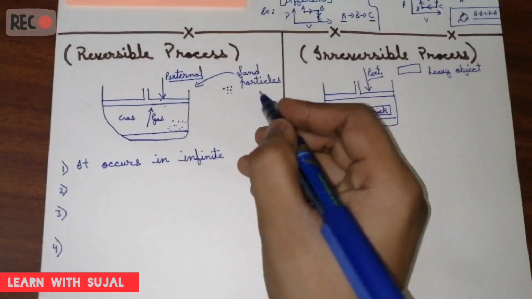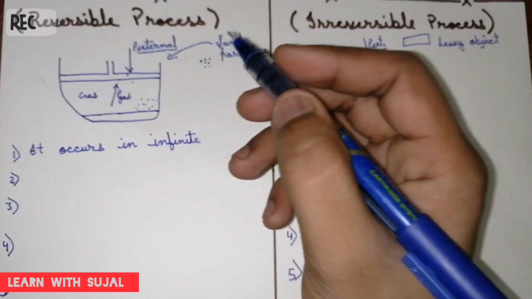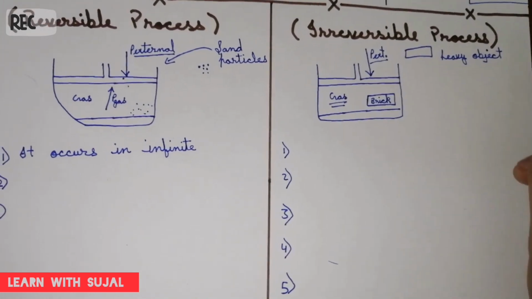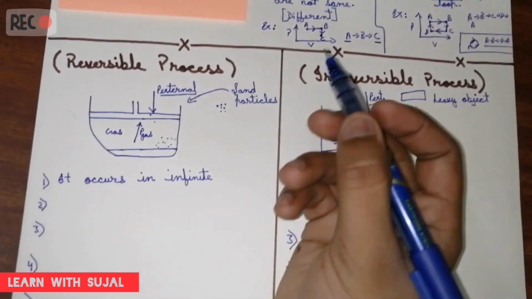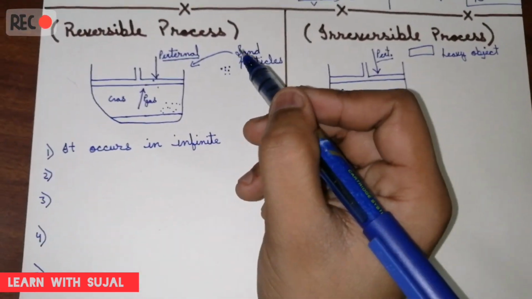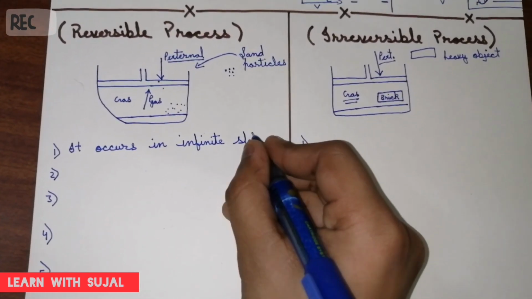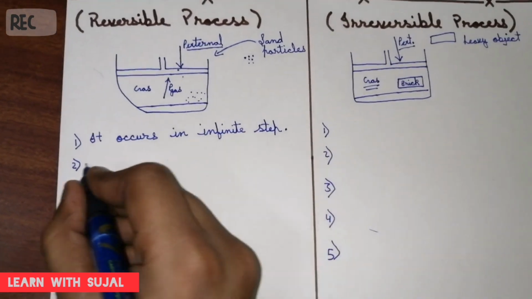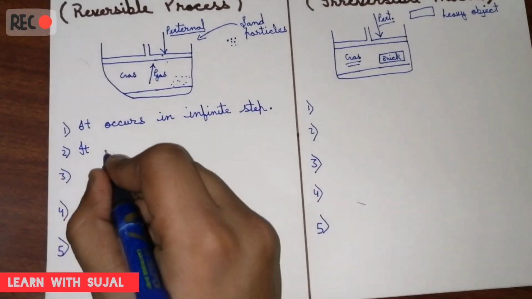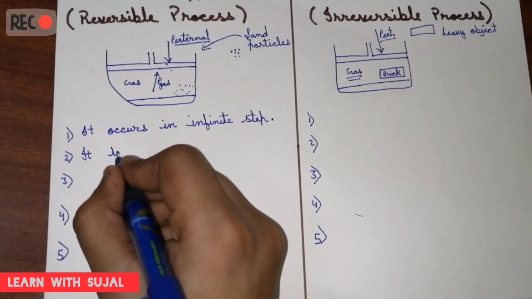You can see in the sand particles, there are so many light, negligible weights, so it will take more time and more energy to put heavier pressure on this. It takes infinite steps, we cannot count how many. Hypothetically we see that it will take infinite steps.